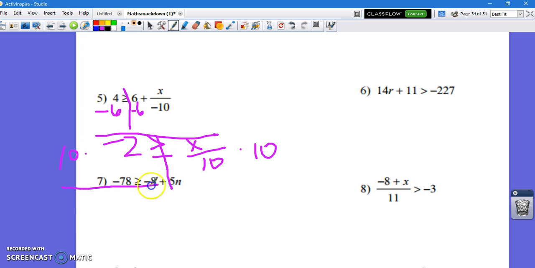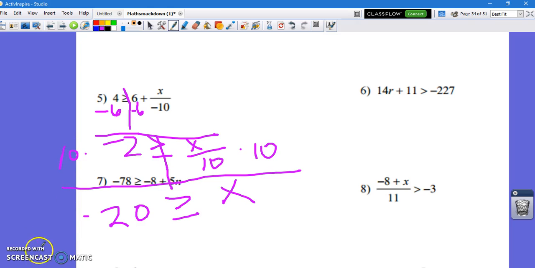And eventually the 10 times 10 will cancel each other out, leaving you with x. And 10 times 2 is 20, but it would be a -20. That's right. And you don't need to change the inequality sign. Why not? Because we multiplied with positive 10, not negative.